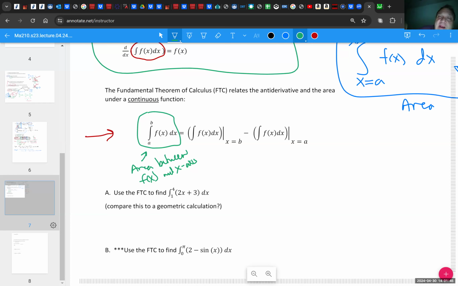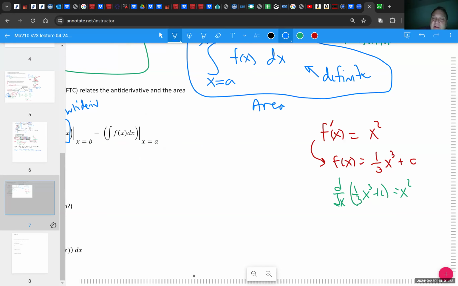All right, so what's on the right-hand side? This right here is the antiderivative. Like my example was, if I was given the function x squared, then the antiderivative would be 1/3 x cubed plus c. So that's the antiderivative going backwards.